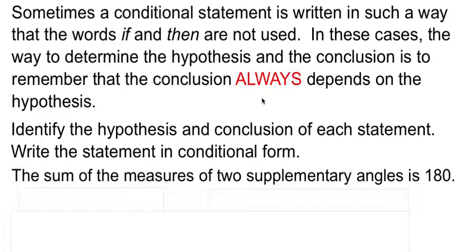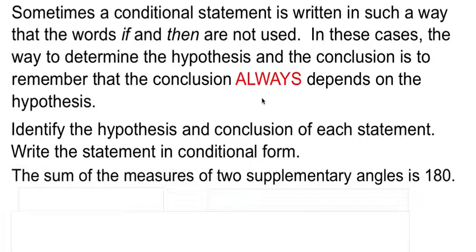So they're going to give us some statements that are not written in conditional form. They're not written as if-then. And we have to figure out where our hypothesis would be and where our conclusion would be, and then rewrite it so that it fits the if-then description. So our statement here, the sum of the measures of 2 supplementary angles is 180.